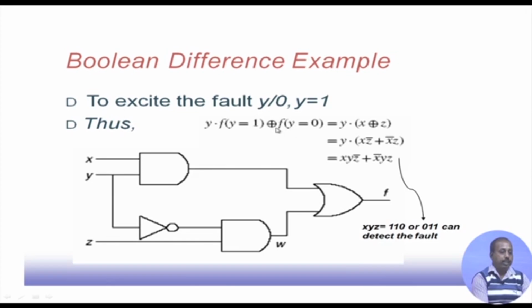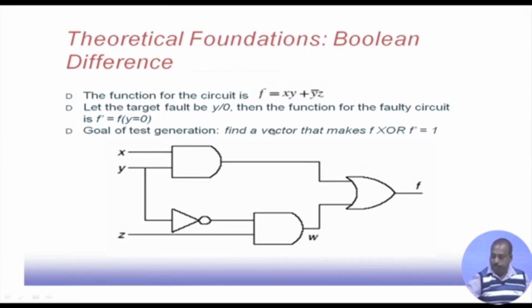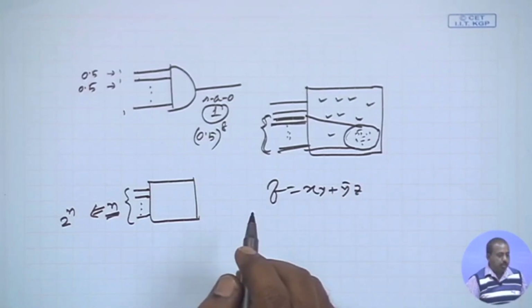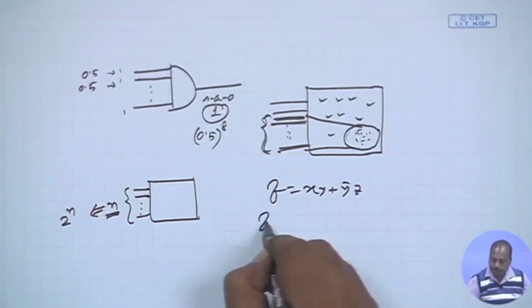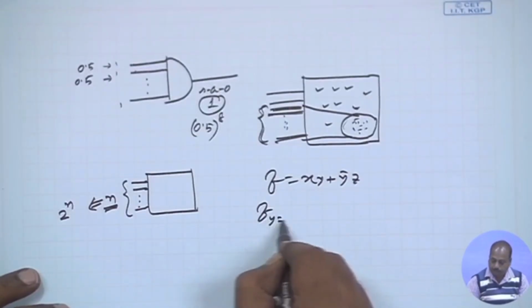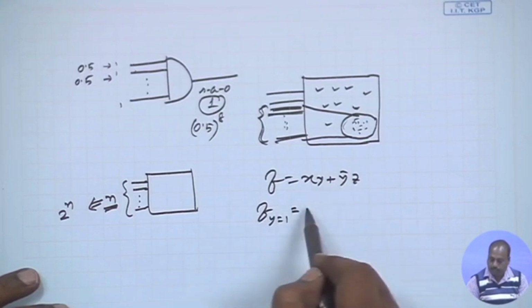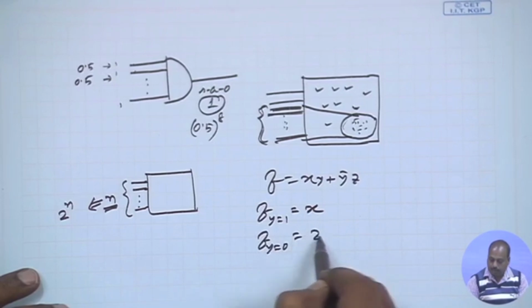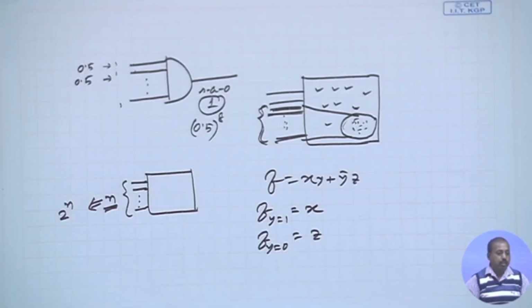Now, the function f we had is x y plus y bar z. If we take these two cases, f with y equal to 1 is x, and f with y equal to 0 is z. These two are XORed.